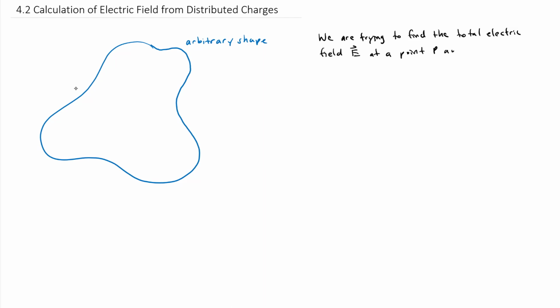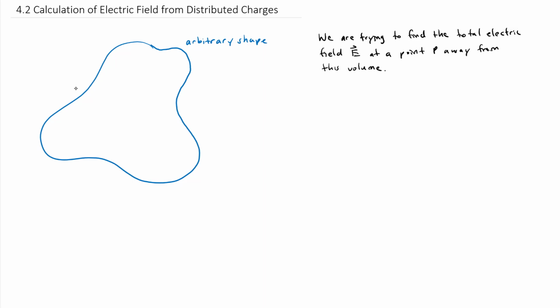This nice shape, I'm going to say that this is an arbitrary shape, and we are trying to find the total electric field E at a point P away from this volume.